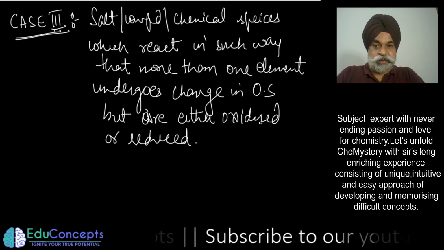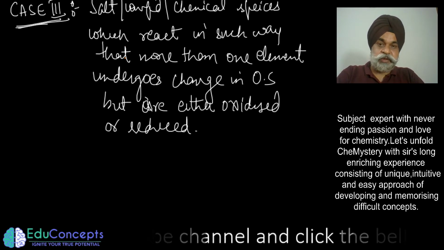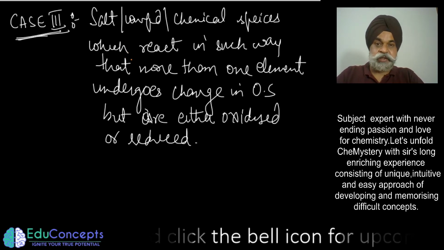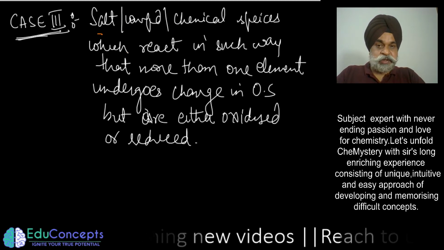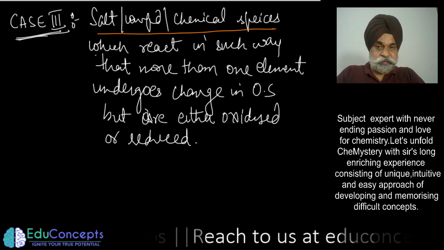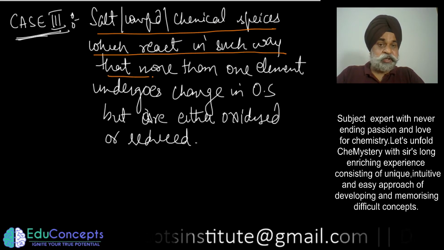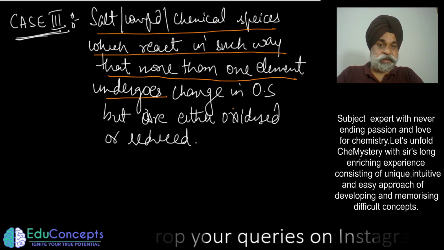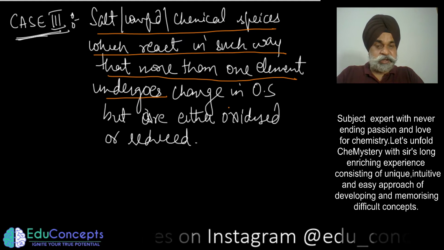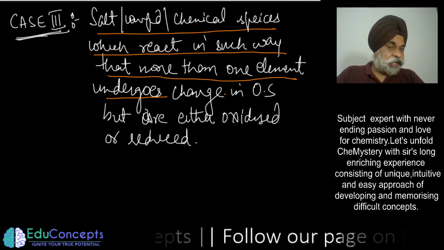So now let us come to the topic which we are supposed to start today, case 3. This is one of my favorite and very interesting cases. In this case the salt or compound or given chemical species reacts in such a way that more than one element undergoes change in oxidation state but is either oxidized or reduced. When I say this, what do I mean by it?